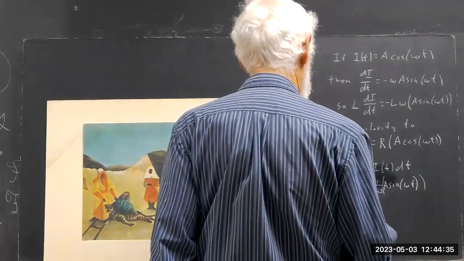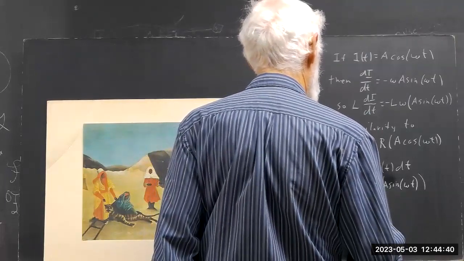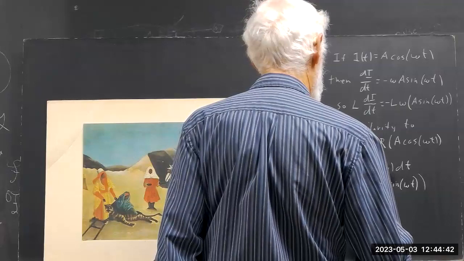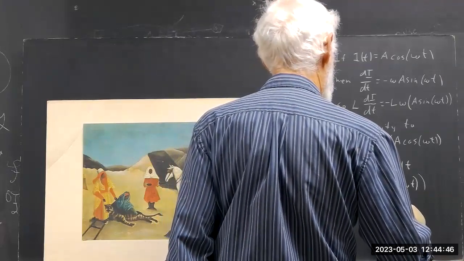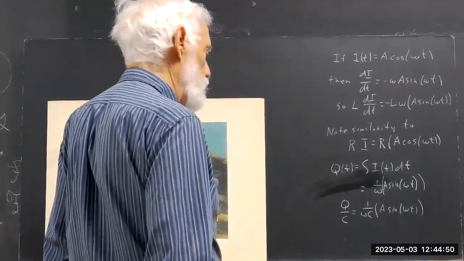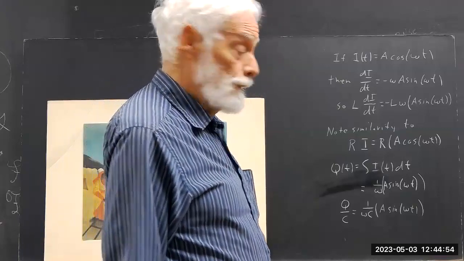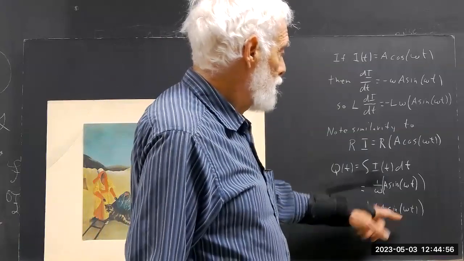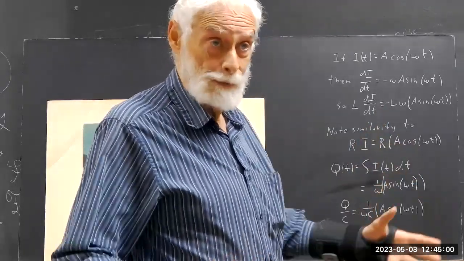And Q over C is 1 over omega C times I sine of omega t. Now, I sine of omega t has the same amplitude as I cosine of omega t, it's just out of phase.